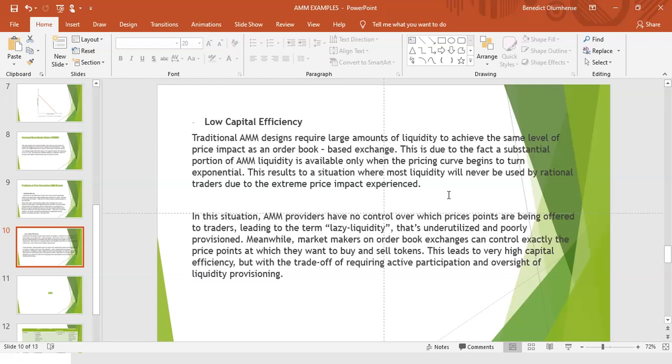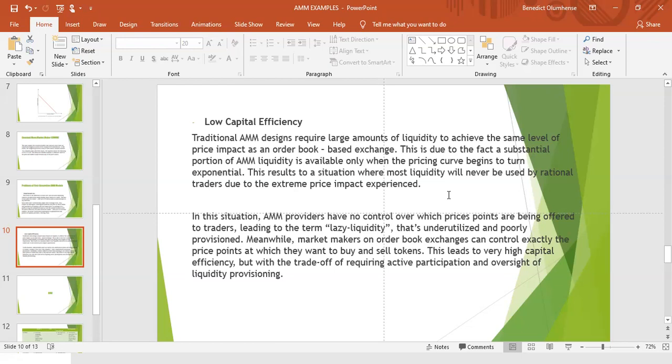This is due to the fact that a substantial portion of AMM liquidity is available only when the pricing curve begins to turn exponential. This results in a situation where most liquidity will never be used by rational traders due to the extreme price impact experienced.